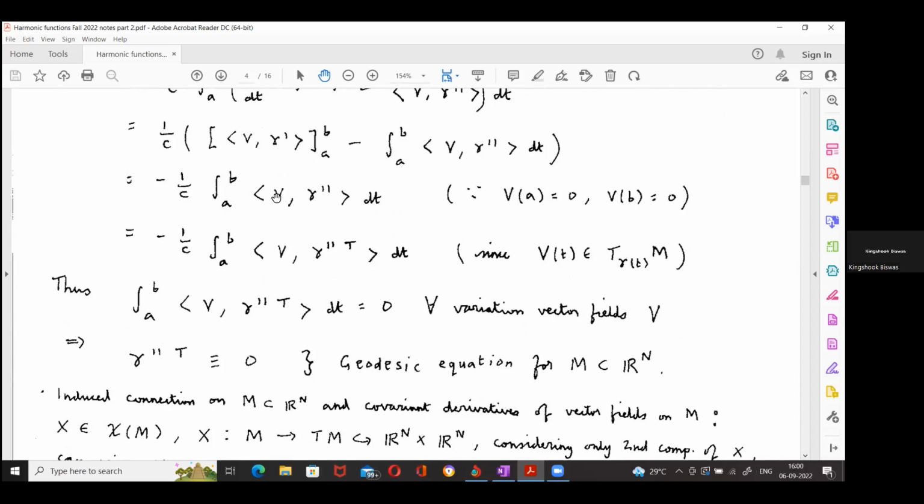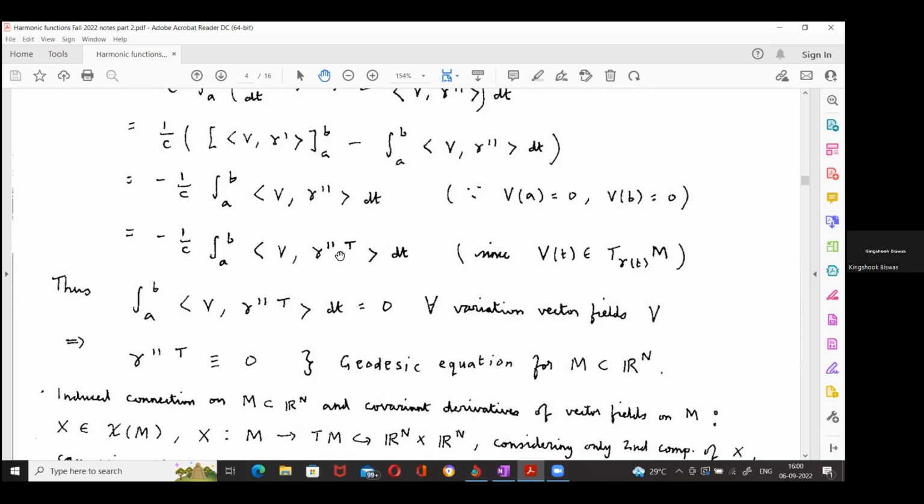And V lies in the tangent space to M. So therefore the inner product with gamma double prime is the same as the inner product with the tangential component of gamma double prime, because V lies in the tangent space, so the inner product with the normal component is 0. Only the tangential component remains.